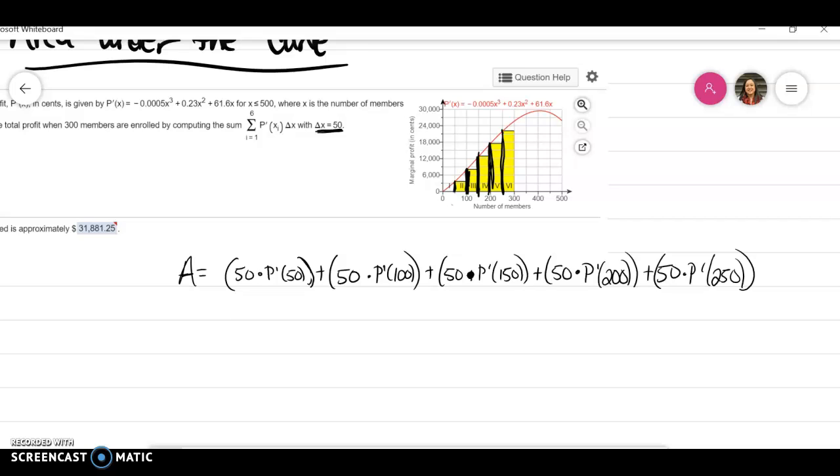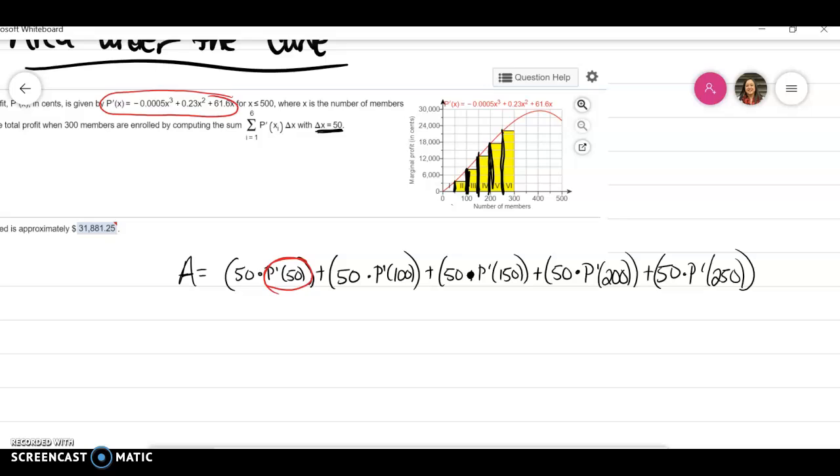So again, to find p prime of 50, all I have to do is take 50 and plug it into the equation that it gave me up there. Now, that's a lot of math, but I'll be honest with you, all I did is plug it into my calculator to get those values. Let me go to my table set.